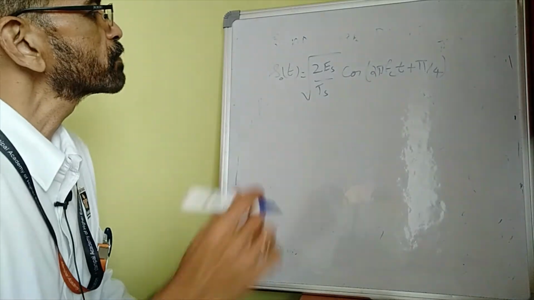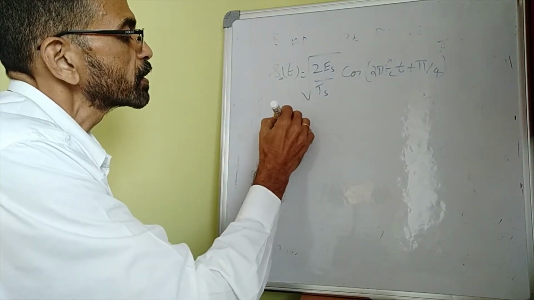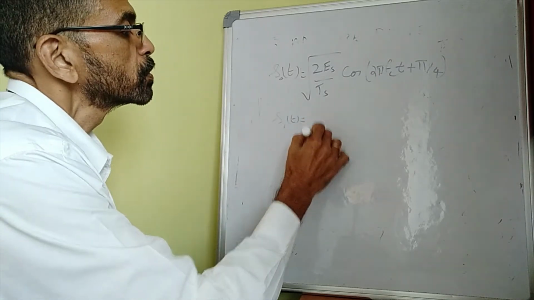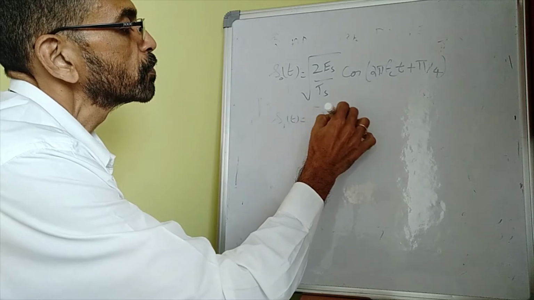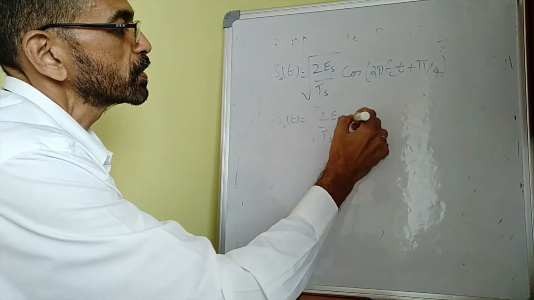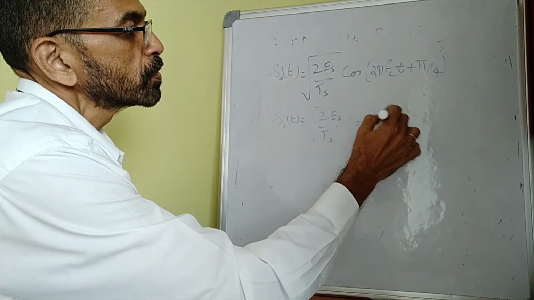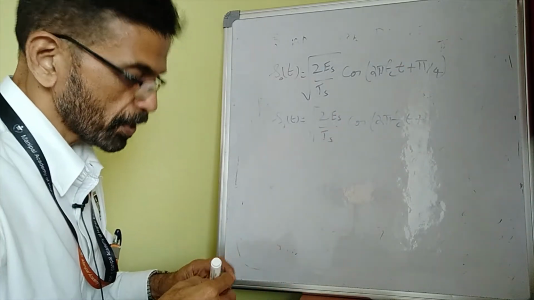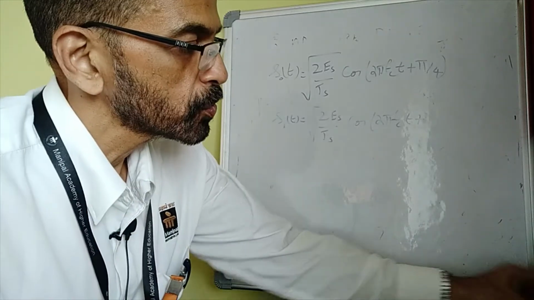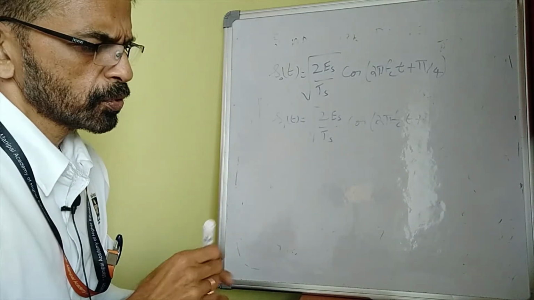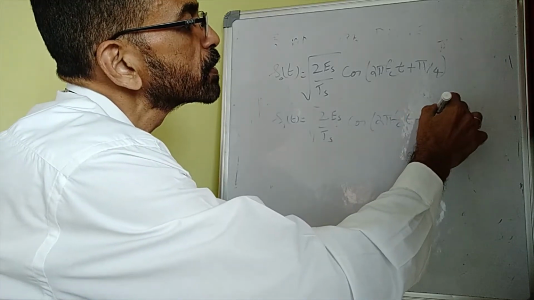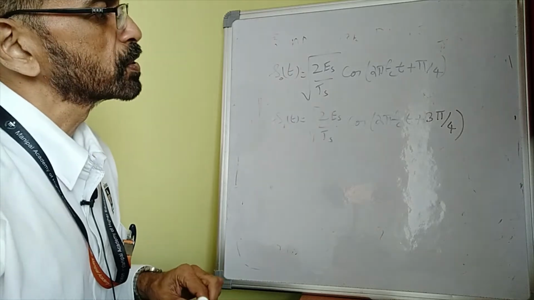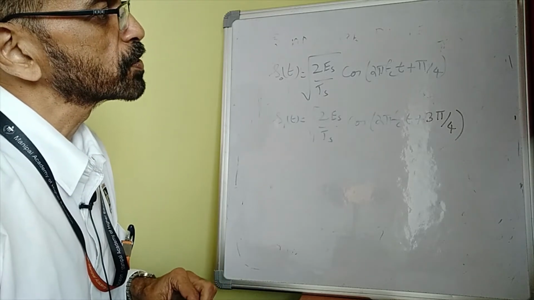So Fc becomes the carrier frequency, and then we can have S1(t) equal to square root of 2Es by Ts cos(2 pi Fc t plus 3 pi by 4). So you can see that between these two signals there is a phase difference of pi by 2.